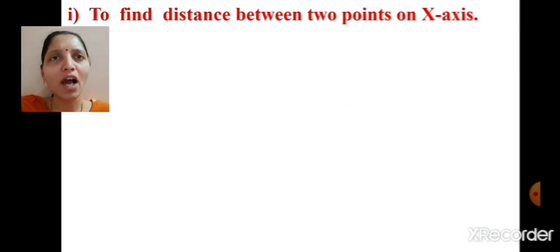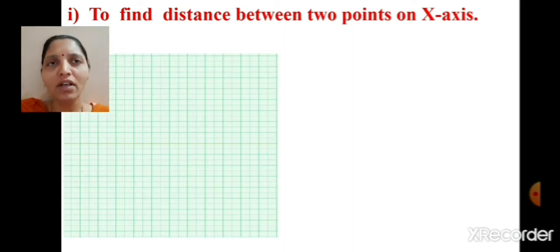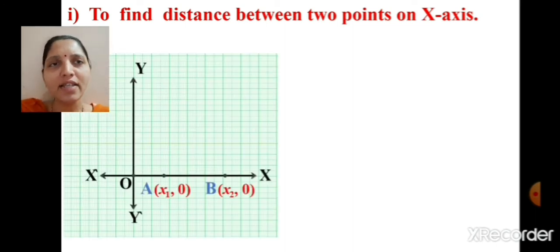Now let's see how to find the distance between 2 points on the x-axis. Here I have drawn the x-axis and y-axis, and these are the 2 points I have considered on the x-axis. Point A has coordinates x1 and 0, and point B has coordinates x2 and 0.